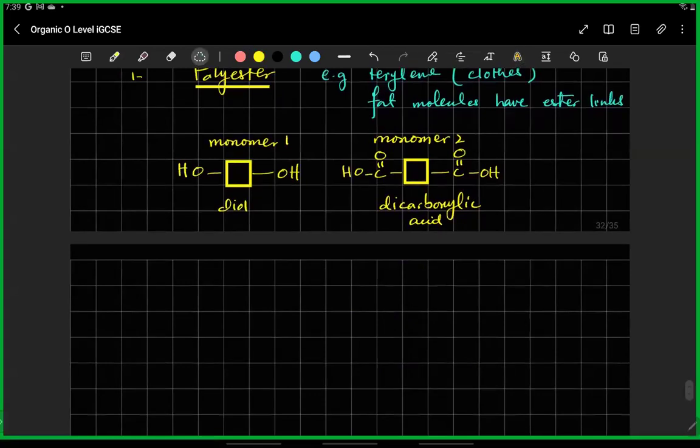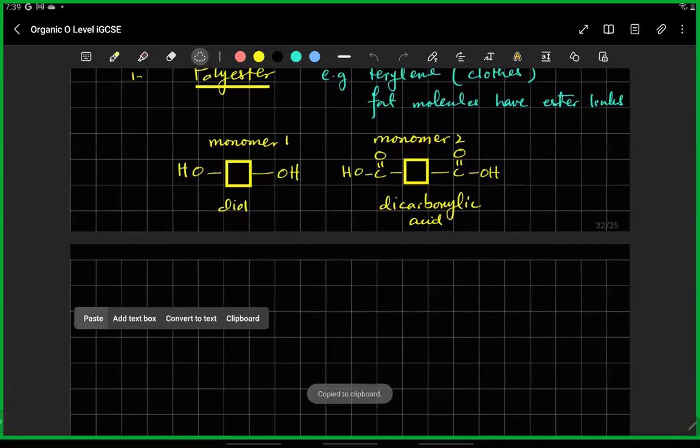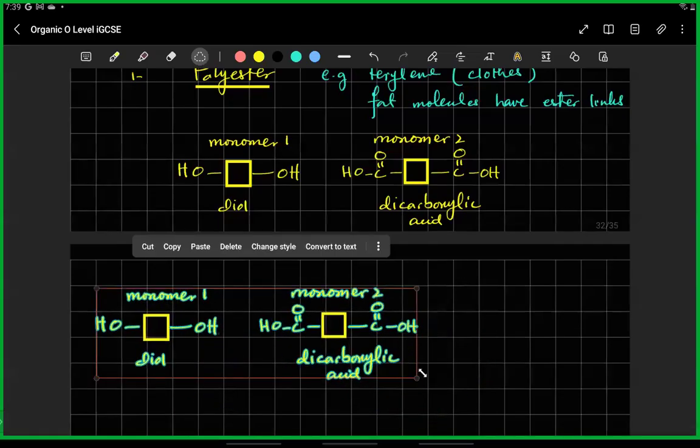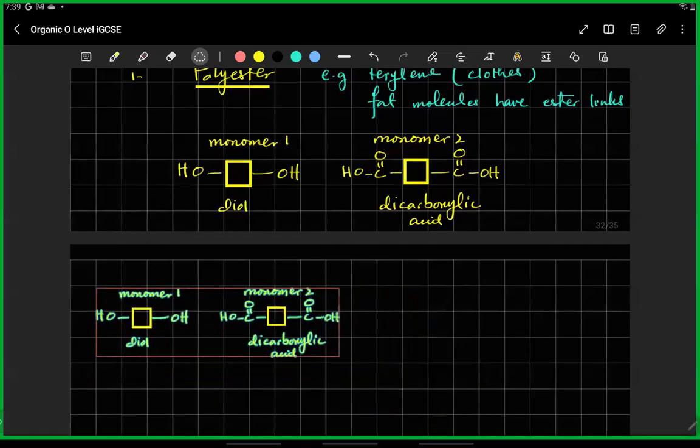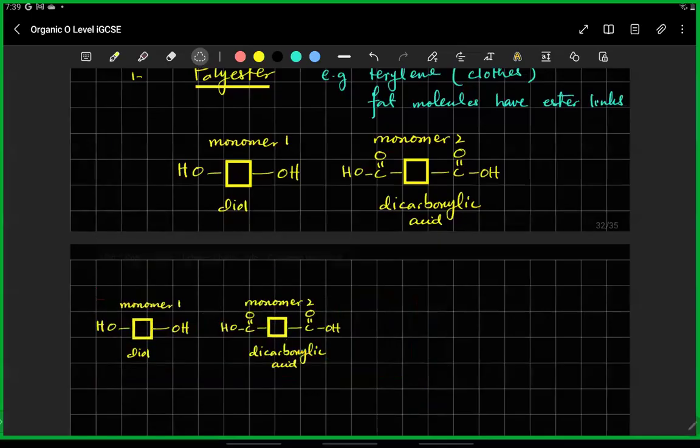अच्छा, ये सारे आपस में ना लिंक अप करेंगे. So I'm going to take these and I'm going to start connecting them together. ठीक है. इसको थोड़ा सा छोटा कर लेते हैं. अच्छा, so I've got monomer one, I've got monomer two.